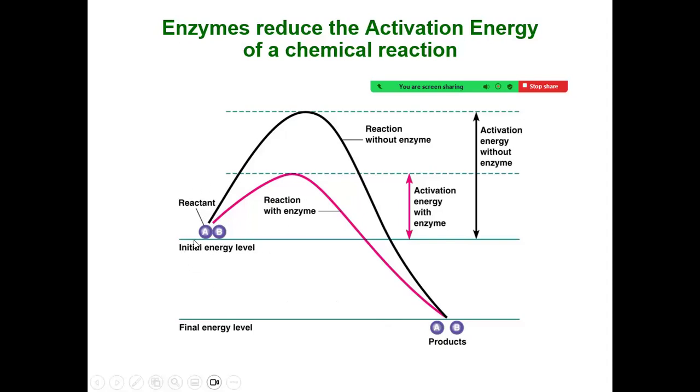If you take the cup of glucose and take a blowtorch to it, you can convert all of that glucose into CO2 and water in less than a second. That's because you're adding energy with the blowtorch, and so the molecules get over the energy hump. Any question about that? So that's the activation energy required without an enzyme.